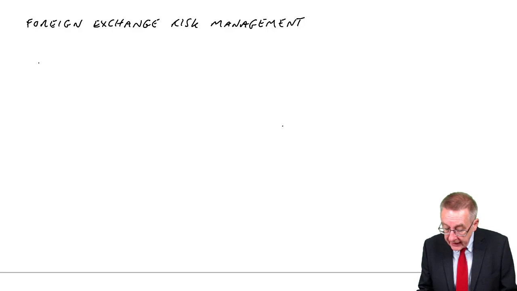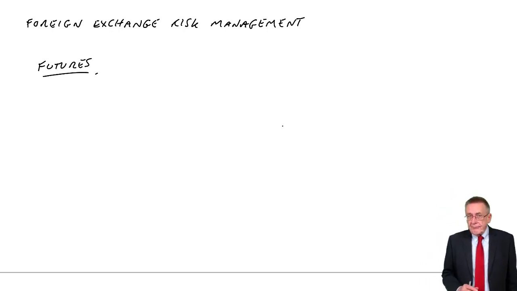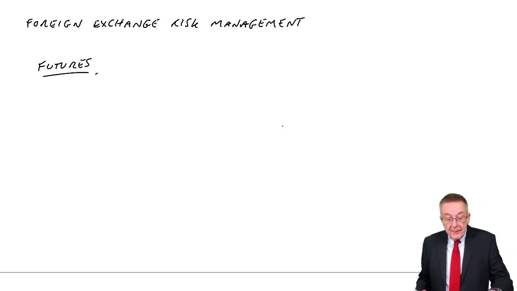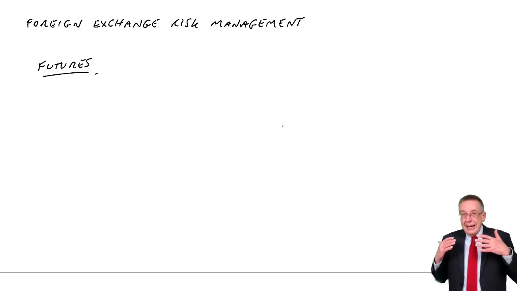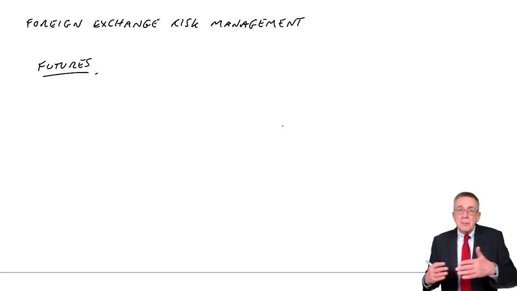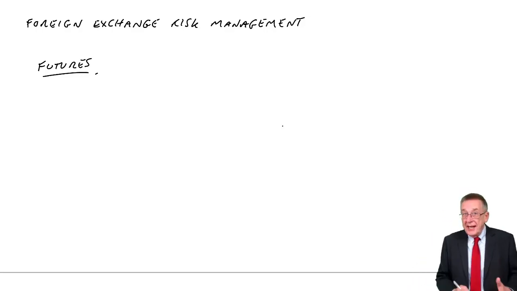The first one I want to explain are financial futures. And strictly, futures are a bit like forward rates in that there's a rate quoted now which will apply to converting money on a future date.